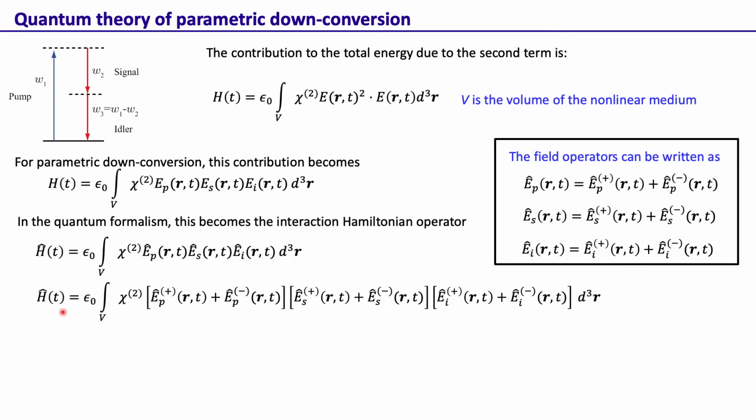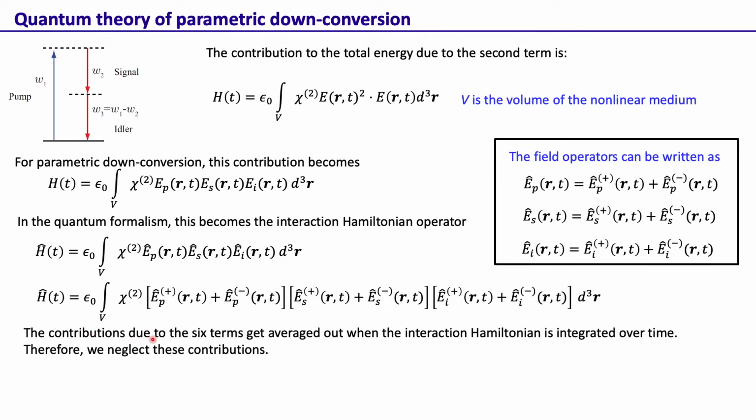So if you do that, this expression for the Hamiltonian becomes this. Here we are just replacing EP, ES, EI by these expressions. So a total of 8 terms is what we will actually get here, and all kinds of combinations will have EP plus, ES plus, EI plus, and so on. But it turns out that the contribution due to 6 of the terms gets averaged out when the interaction Hamiltonian is integrated over time.